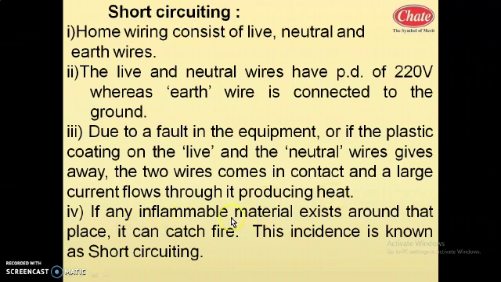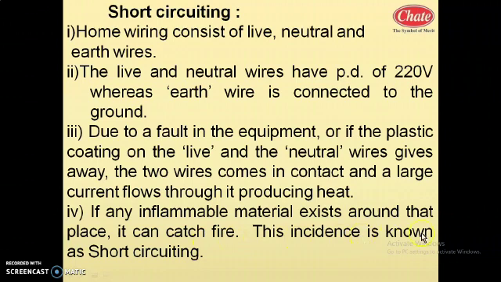If any inflammable material, like curtains or some furniture, exists around this wiring, then due to sparking or huge heat, it may catch fire.